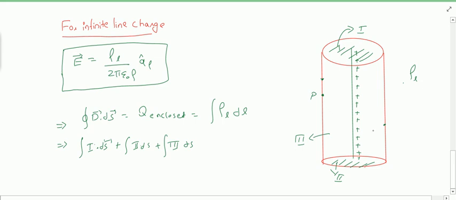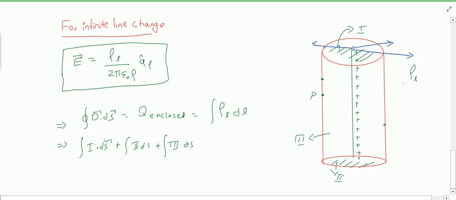So let us see what will happen for the first surface. Where will the direction of the electric field intensity or the displacement flux density be? For the first surface, the electric field intensity due to a line charge will be in the rho direction only.